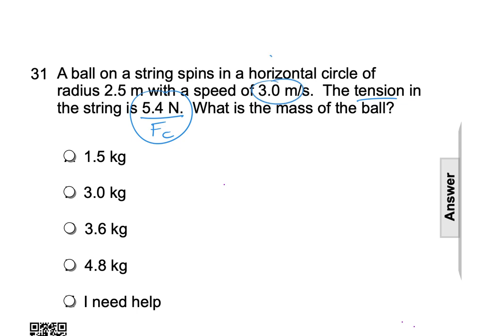Okay, we have tangential speed. We have the radius. What's the mass of the ball? So again, Fc equals mv squared over r.